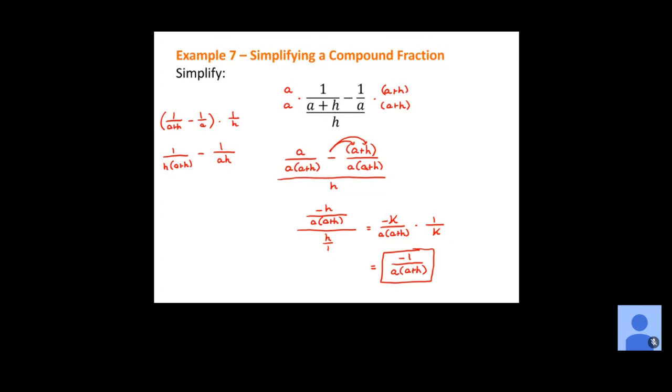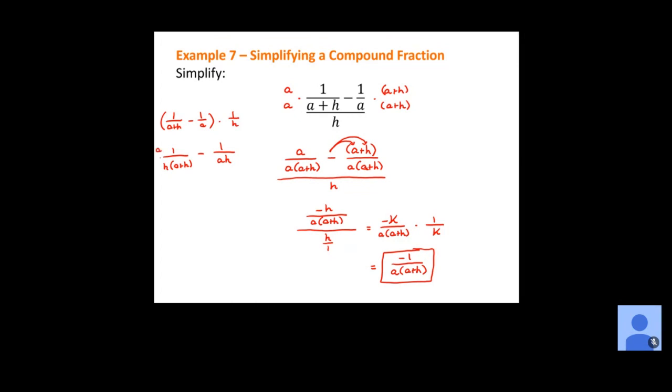Because a lot of the work that we're going to do down the road, we're going to want all of this stuff combined as much as we can. And so it's probably easier to find that common denominator up front rather than having to do it at this point and then combine. But if you did it, it's fine, right? You're still going to get the same answer. Common denominator this time, we would need the h, the a plus h, and the a.